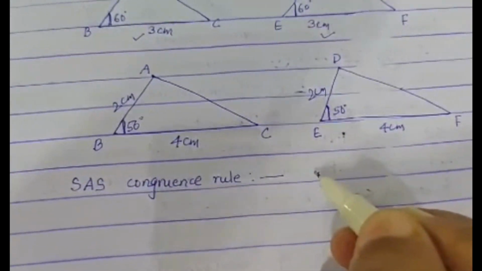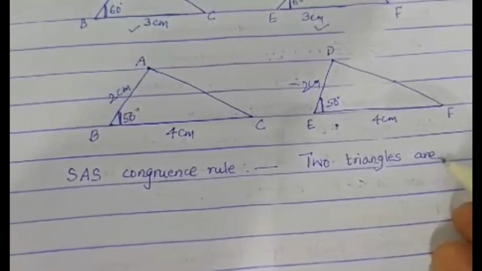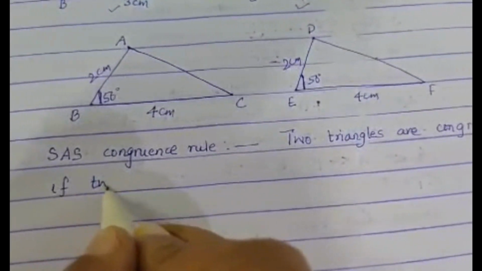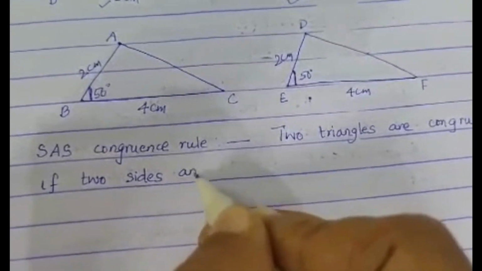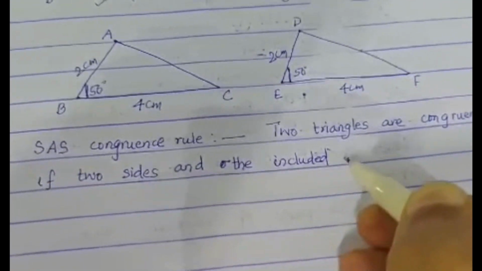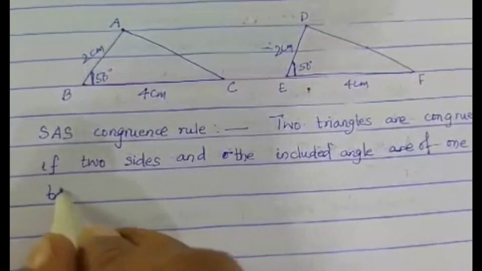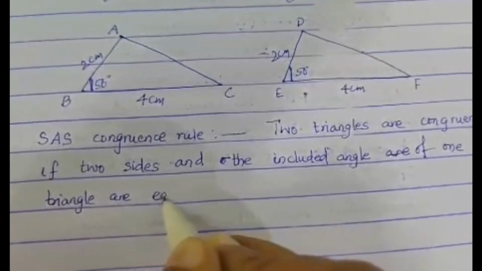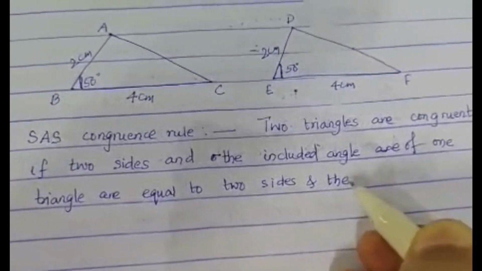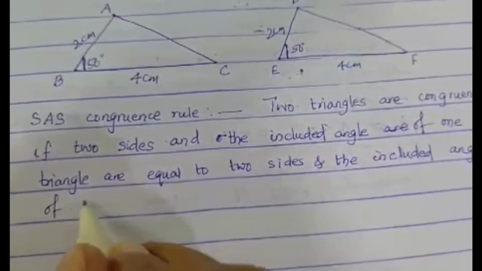Okay, let's write it. Two triangles are congruent if two sides and the included angle of one triangle are equal to two sides and the included angle of the other triangle.